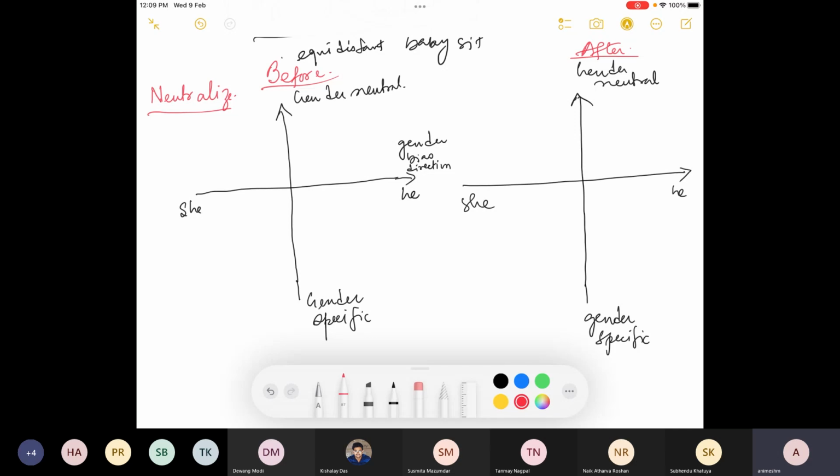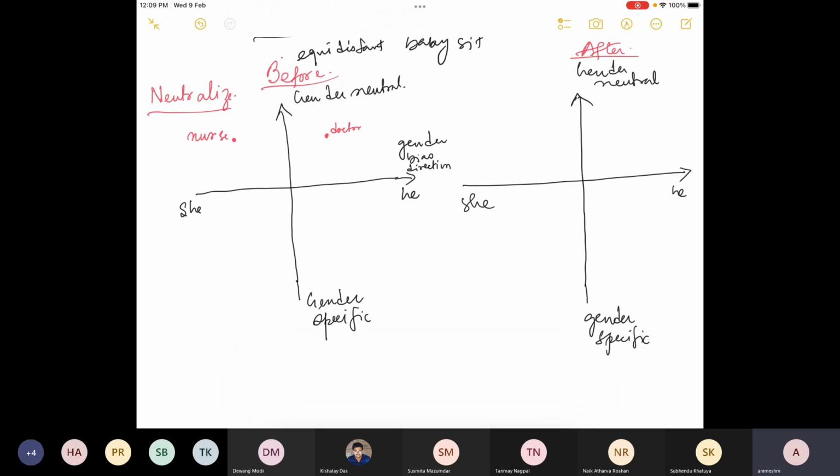So for instance, say you have two words, nurse, which is located here, and you have doctor, which is located here. Okay, so say this is your situation. So this is a biased situation, right?